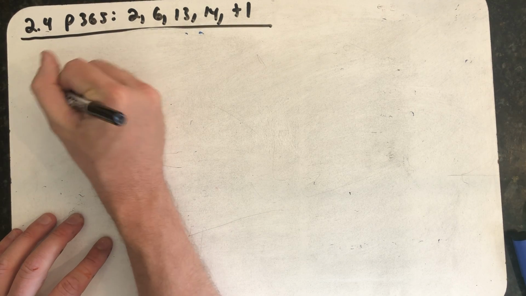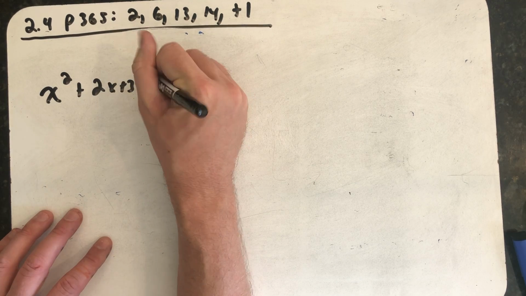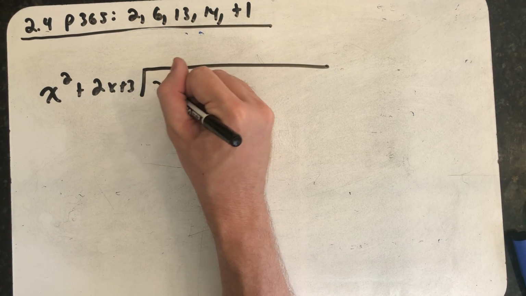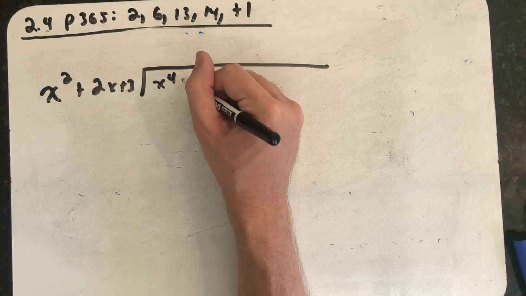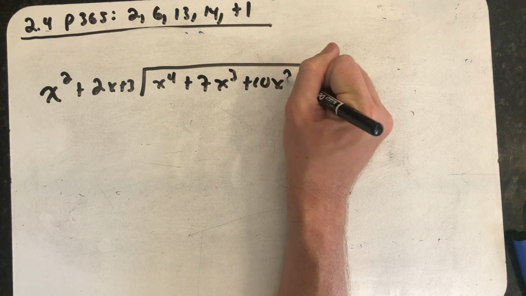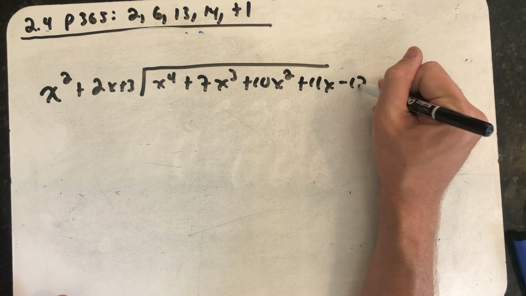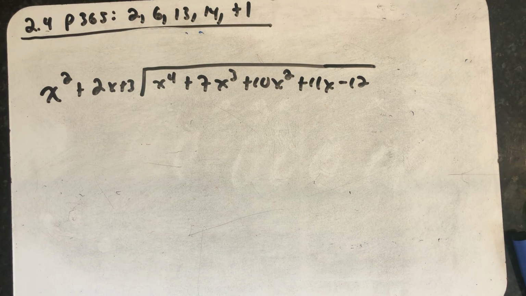So I wanted to do one more. And so the one more I want to do is x squared plus 2x plus 3 dividing into x to the 4th plus 7x cubed plus 10x squared plus 11x minus 12. Just so that we see a more interesting remainder.